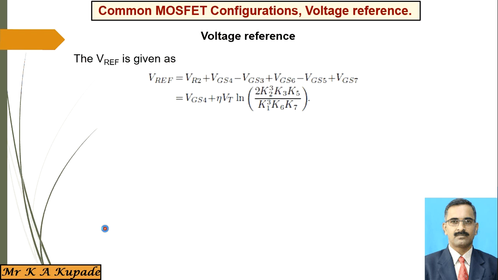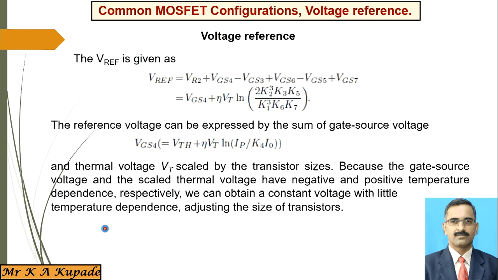So the reference voltage can be expressed by summing all the gate source voltages as VGS4 is equal to VTH plus eta thermal voltage into the logarithm of IP upon K, where the thermal voltage VT is scaled by the transistor size.